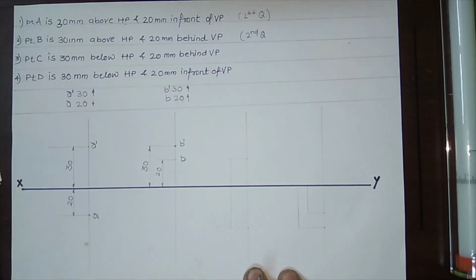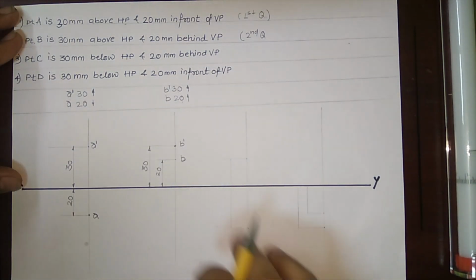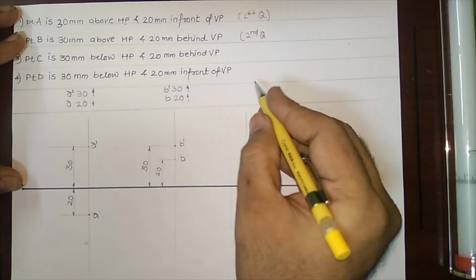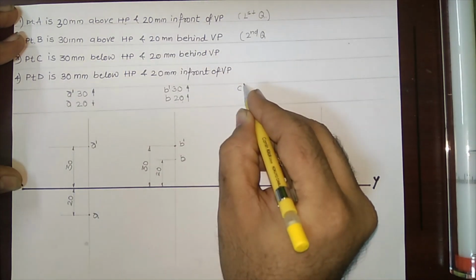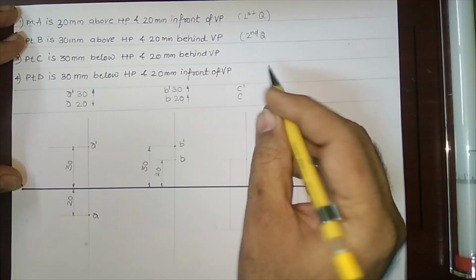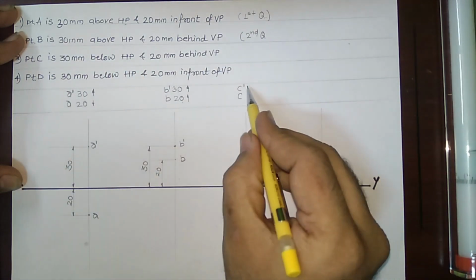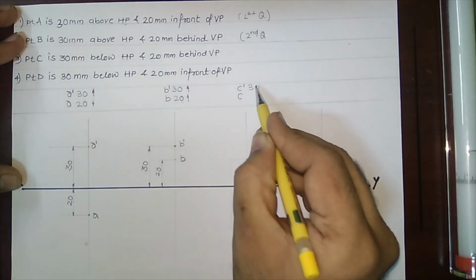Okay. Now I will proceed with the third point, that is C point. Okay, check it out. Now C point is 30 millimeter. So I will first write front view C dash, top view C. HP से distance 30 millimeter.